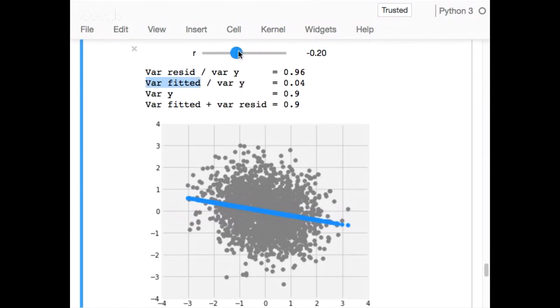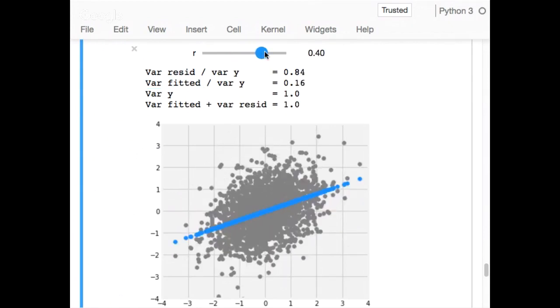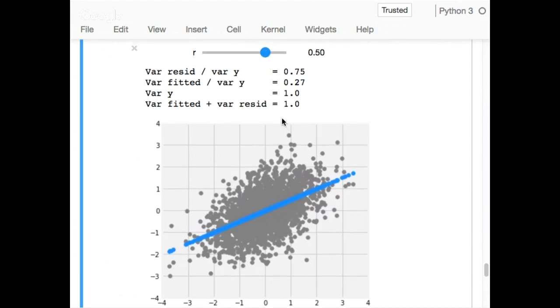So let's take a value of r, let's say 0.5. I've constructed this plot in a way that the variance of y, which is just looking at all these gray points, at all their y values, and at the variance, happens to be 1 in all these plots. I could have made it 2, I could have made it 4.